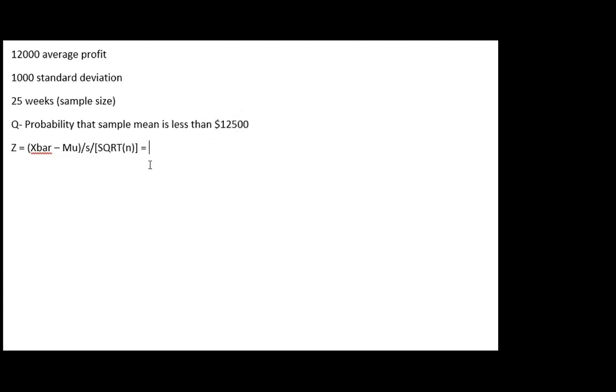So we have 12,500 minus 12,000, divided by sigma, which is given as 1,000, over radical 25, which is 5.